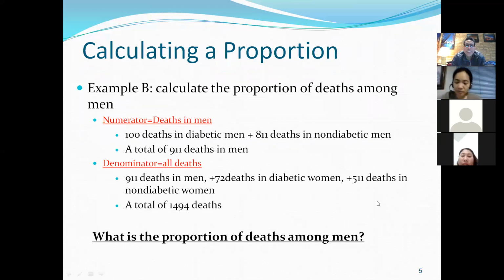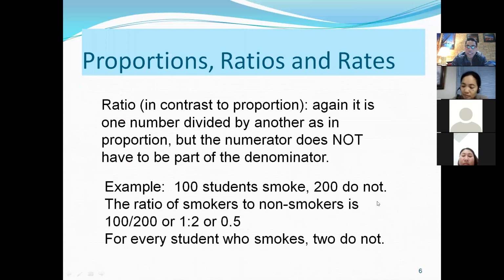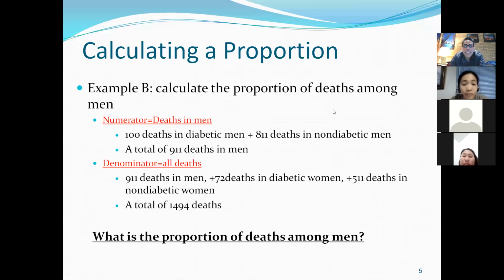All right, so another example here: calculate the proportion of deaths among men. So here the numerator is the deaths in men, and there were 100 deaths in diabetic men plus 811 deaths in non-diabetic men. So the total number of deaths in men is 911.